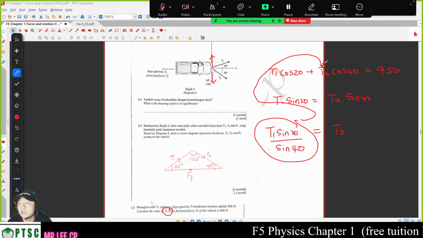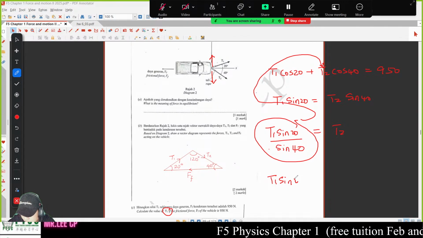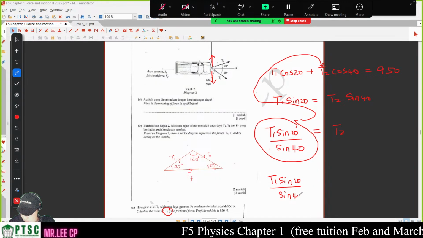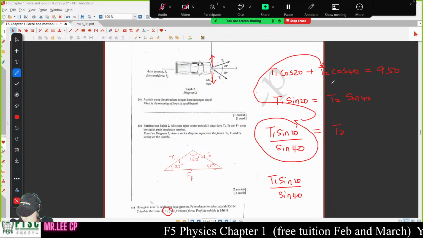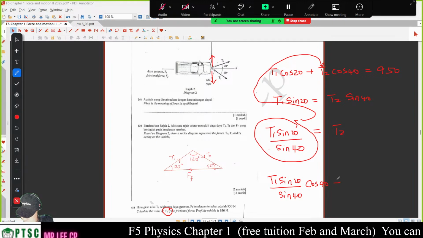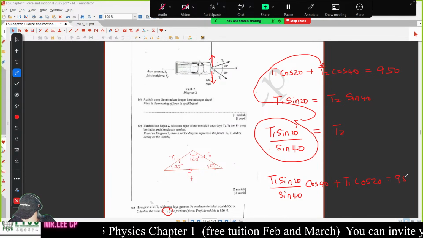So what do I have? T1 sine 20 divided by sine 40, times cos 40, plus T1 cos 20 is equal to 950.